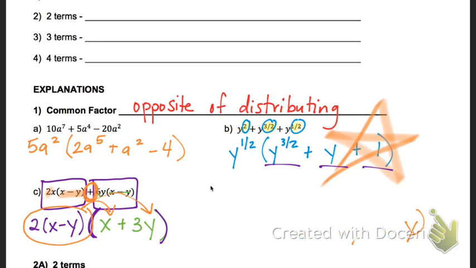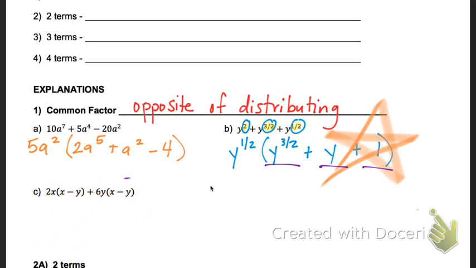What if I wrote it like this? This might help a little bit. They both have an x minus y in common. Is everyone good with that? Yes. So I'm going to put x minus y out front. Then I'm left with 2x plus 6y. But in this set of parentheses, I still have something I could take out.